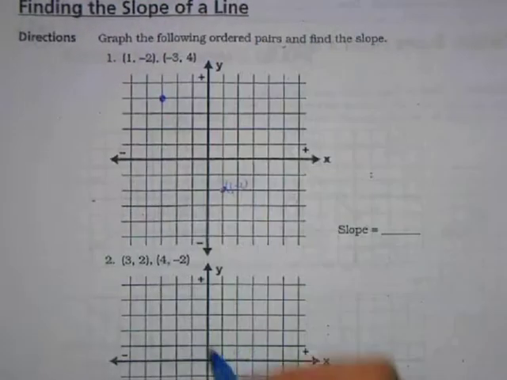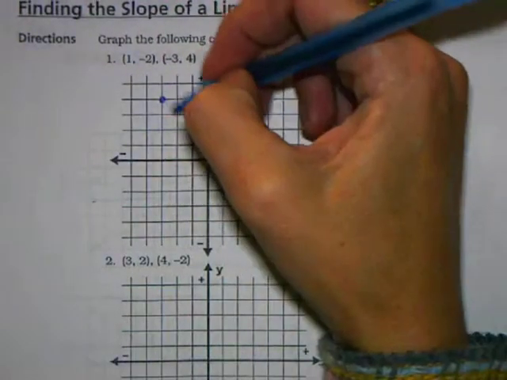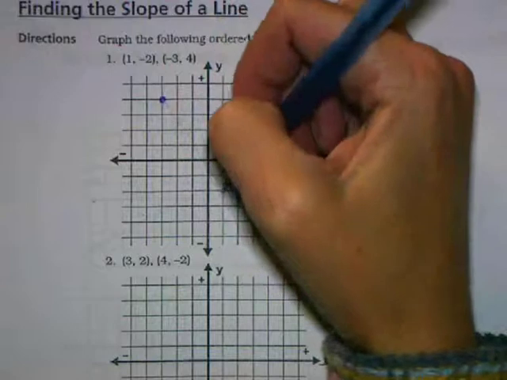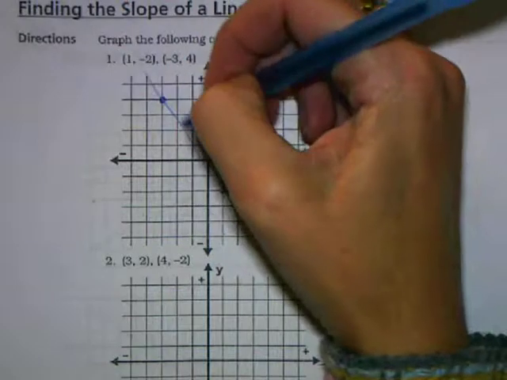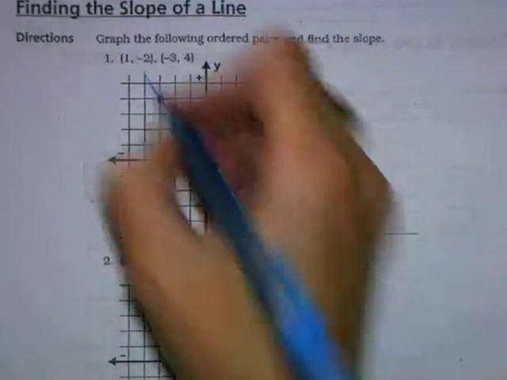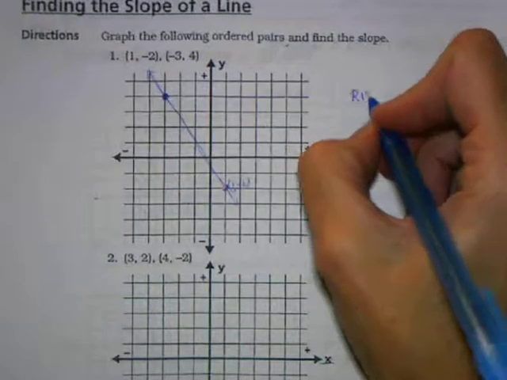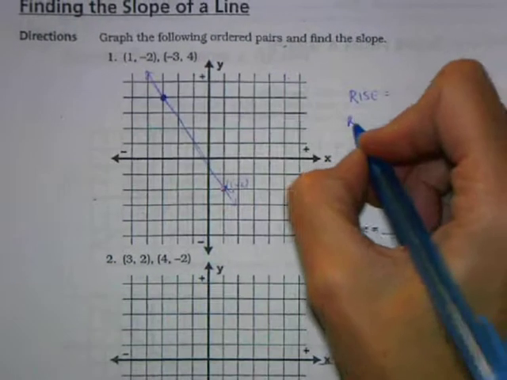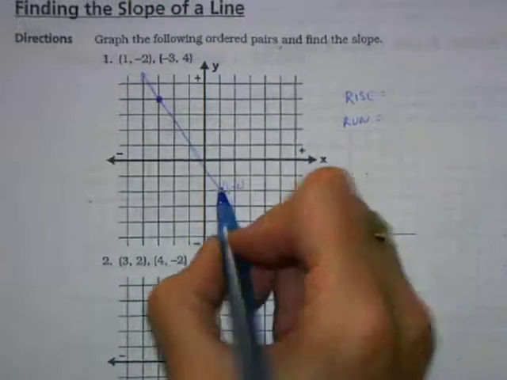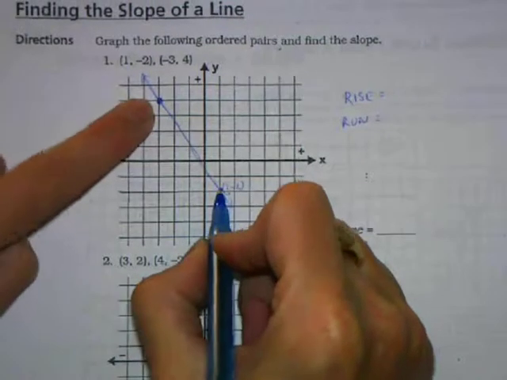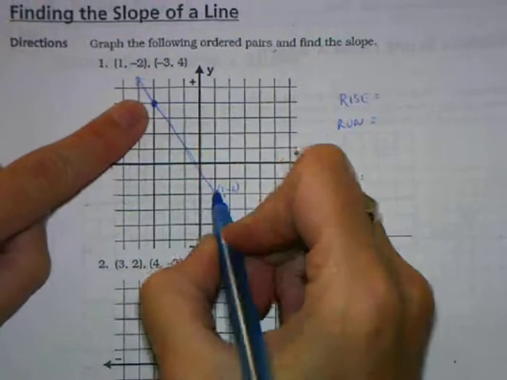So now I have these 2 points, and we know that I can draw a straight line through any 2 points. And so I'd like to find what is the slope of the line that goes through those 2 points. Well, I need to know rise, and I need to know run. So I'm going to start at one of the points and work my way along the grid lines to the other point.